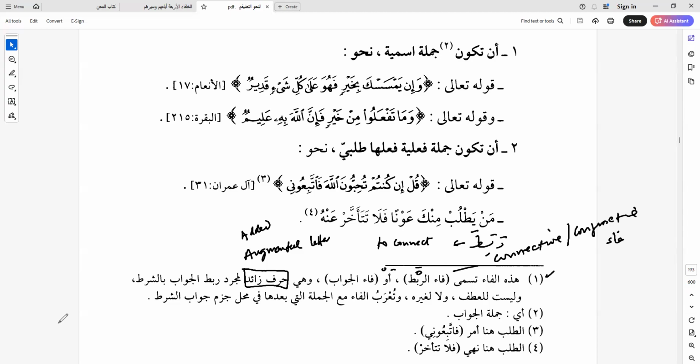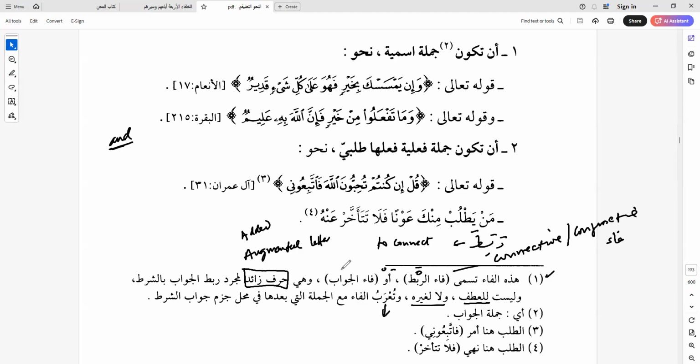It doesn't have that power. So it's just zaid. لمجرد الربط الجواب. It's just to connect the جواب الشرط. وليست للعطف. You see, it's not a word of conjunction like 'and'. ولا غيره, and nothing else.